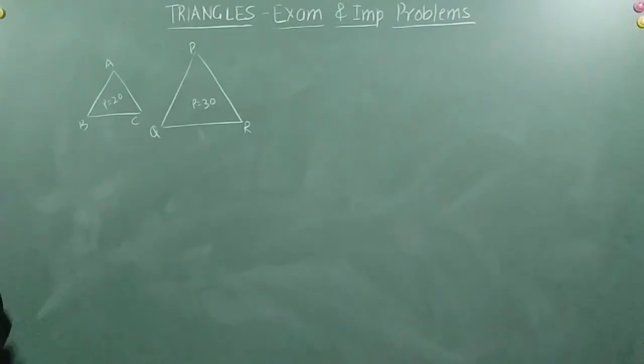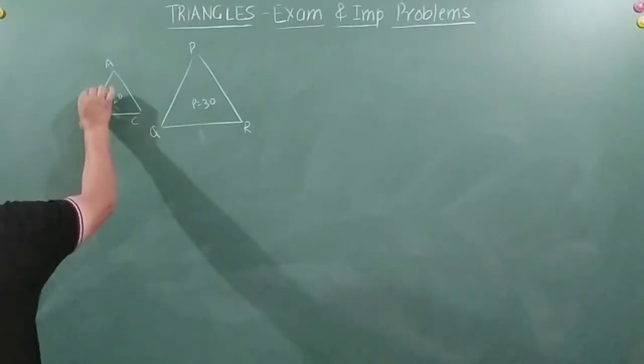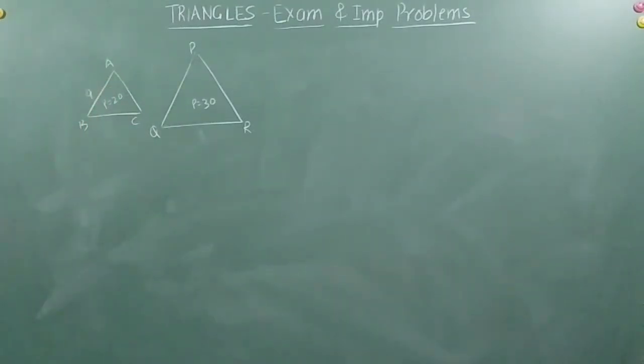So for the bigger one I have taken 30. If one side of the first triangle is 9 centimeter long, let us say this is 9, find the corresponding side of the second triangle.